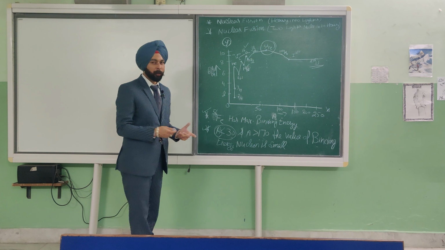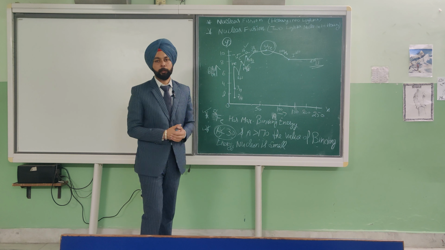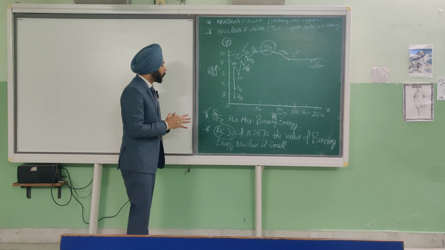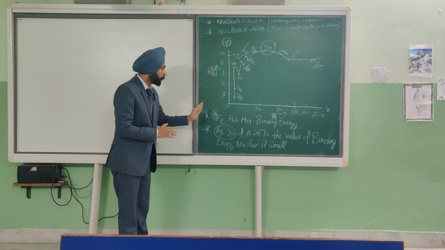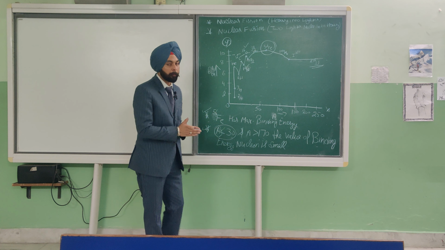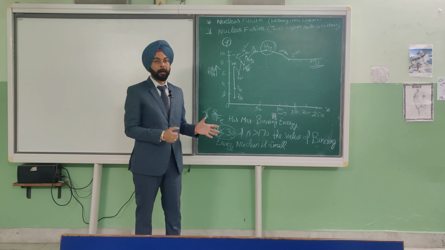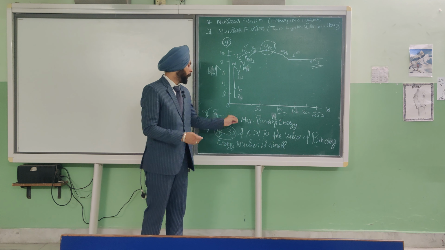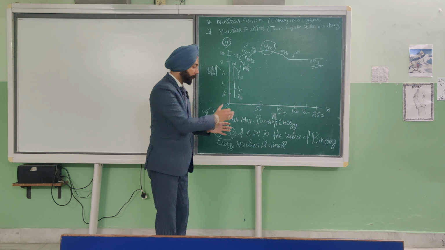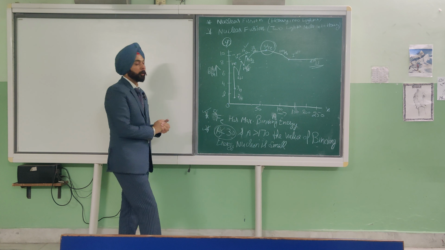I had already discussed that iron has a maximum binding energy, and for mass number less than 30 and greater than 170, binding energy per nucleon is small.